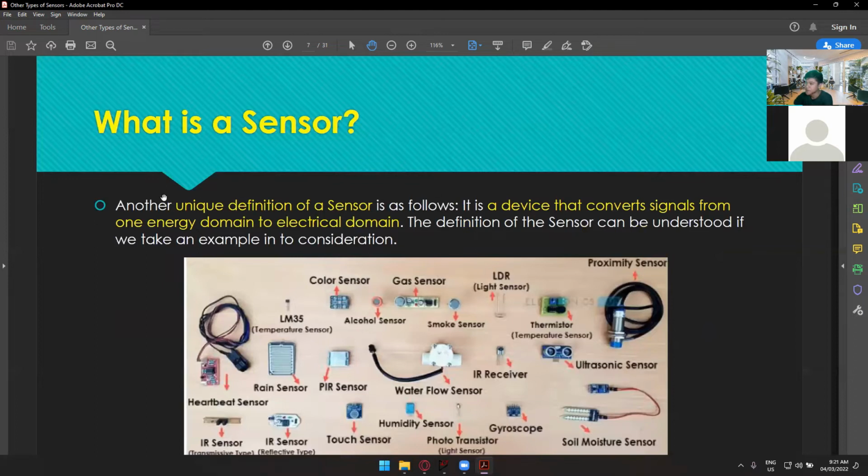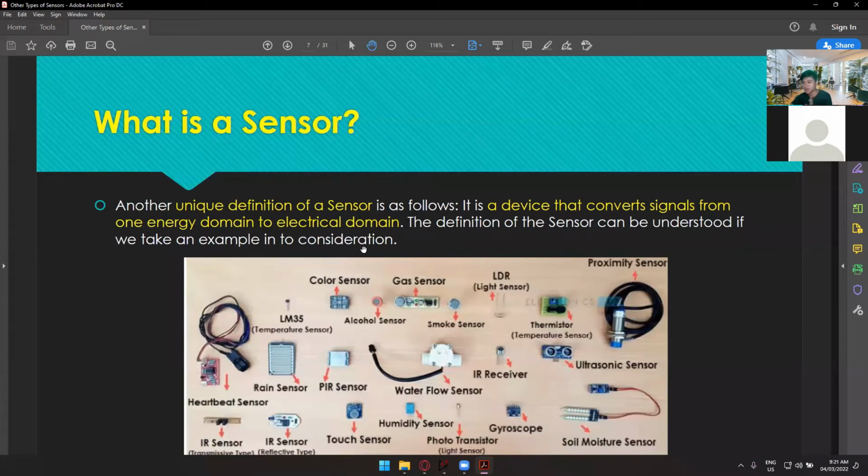There is another definition aside from taking an input and creating an output. A sensor is also a device that converts signals from one energy domain to the electrical domain, most commonly for analog to digital. That is one good example. By this definition, it converts the energy signal into an electrical domain.